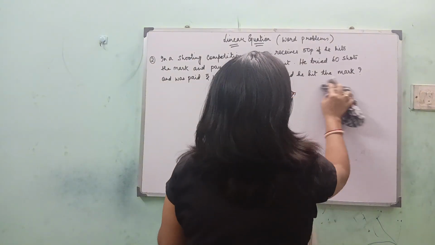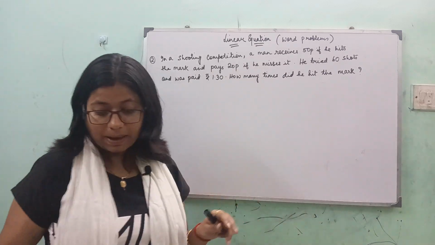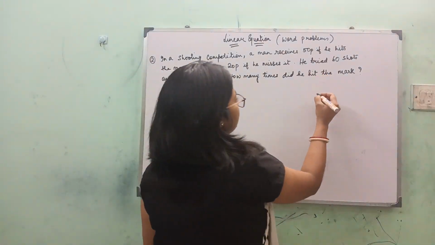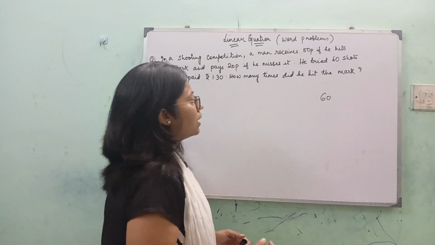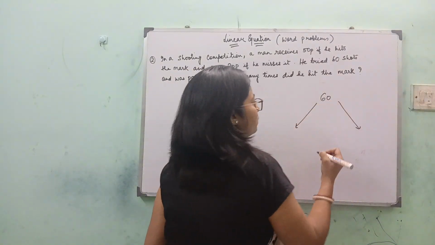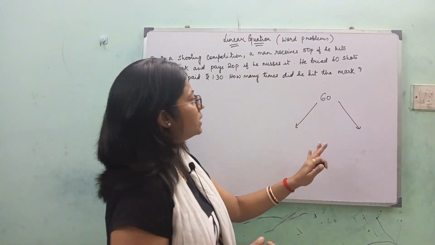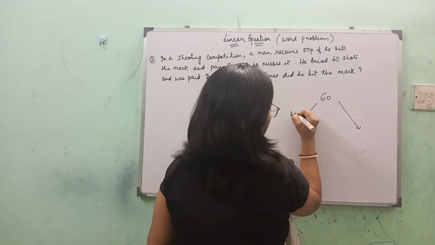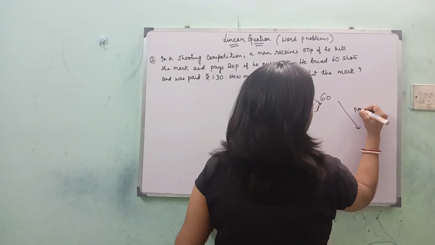So the question says that there's a man who has tried 60 shots. Okay, and the 60 shots are divided between two things. That is, he hits the point and he misses the point.